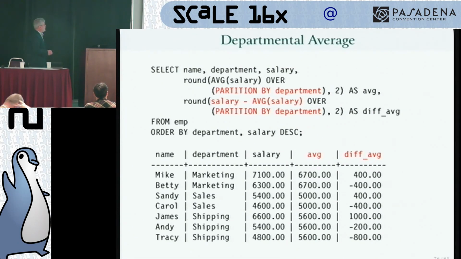I can compute the person, their salary, the average of the department, and how much more or less that person is making than the departmental average. I'm doing that by creating a partition by department here, and then computing their salary minus the average within that department. Kind of interesting.